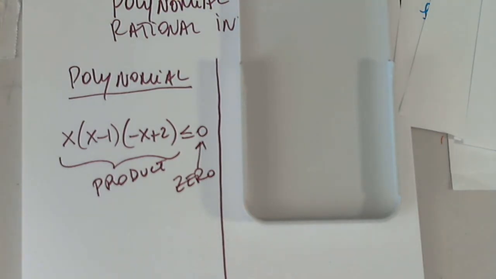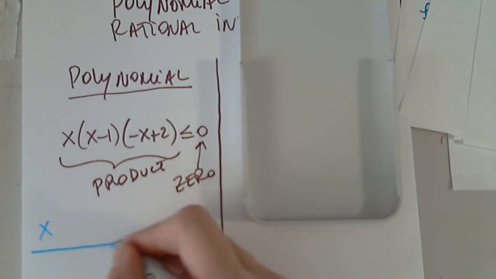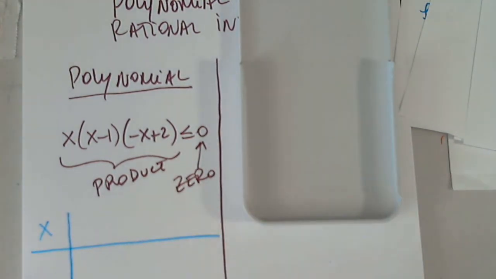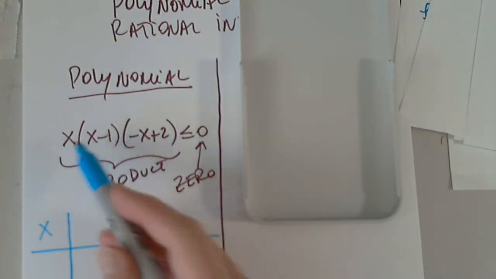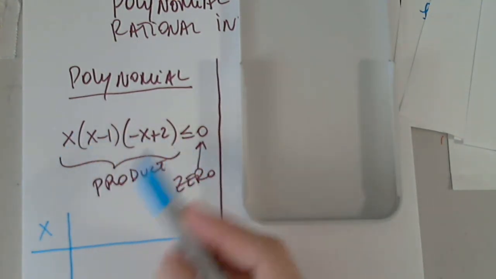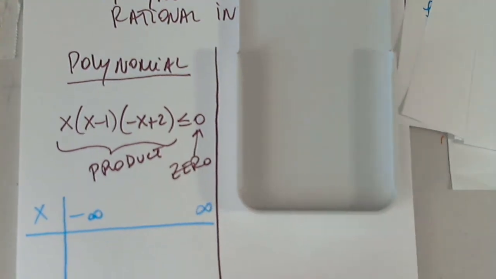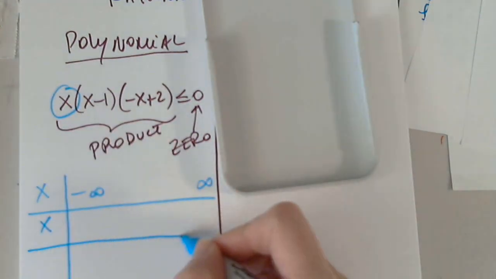I would use a little table that I highly recommend. It's up to you. You can use other methods. X is the variable in the problem. It's not this X, it's not any of this, just the variable. And the variable can be anything. The first row is the first factor in the problem.